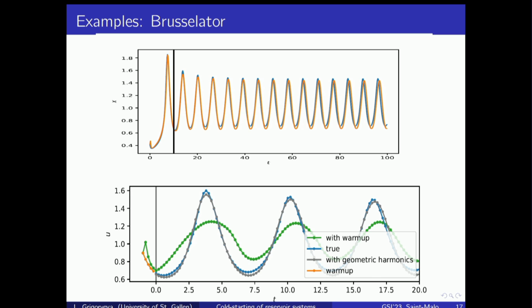And here you can see that if you make it slightly longer, you are getting very, very nice performance. And this is what happens if you're doing the standard way in reservoir computing, where you are not learning the starting map and you are just initializing with zeros, for example. This is the green line. This is where you are getting really far from the true trajectory.